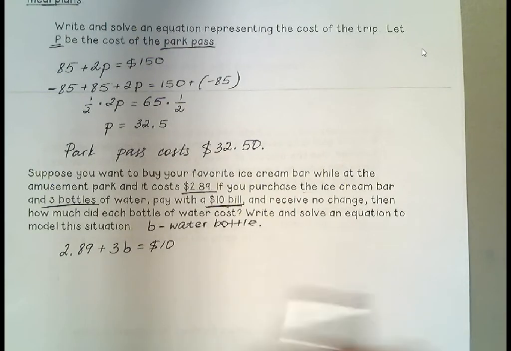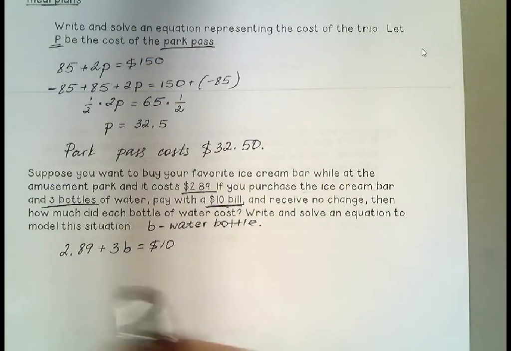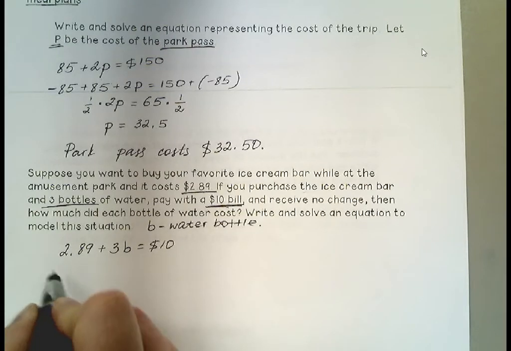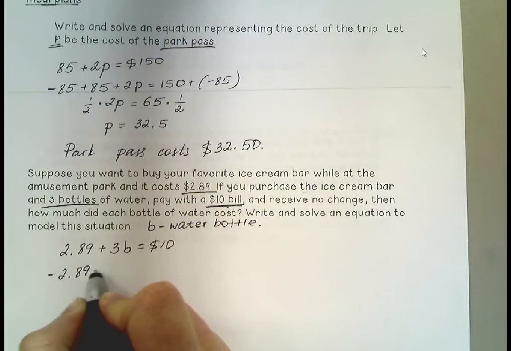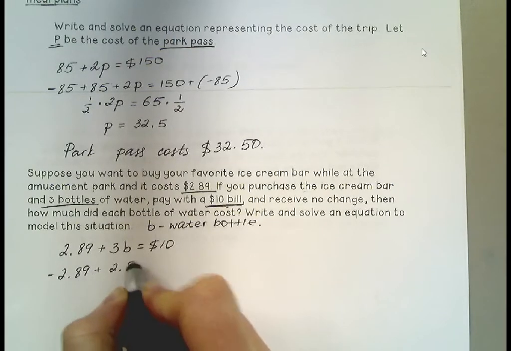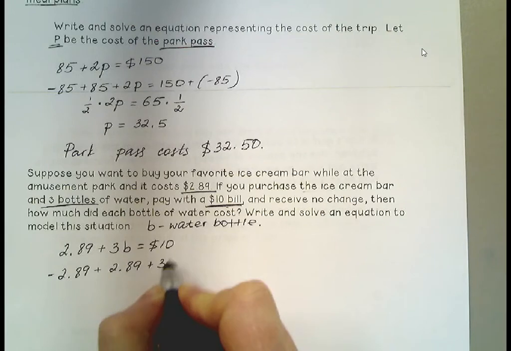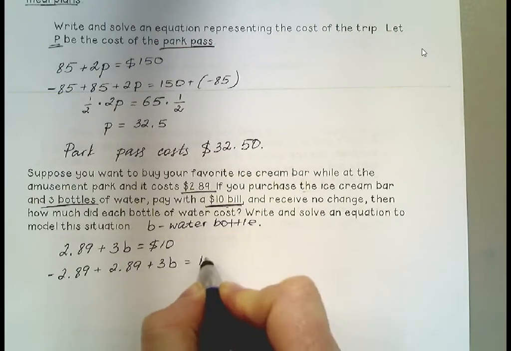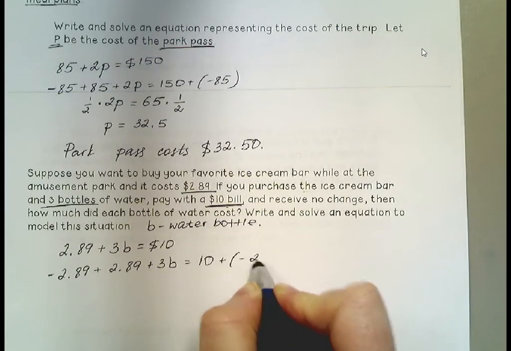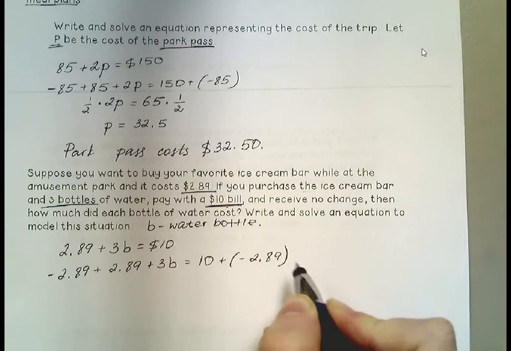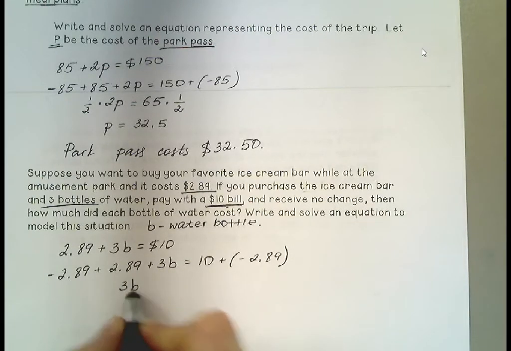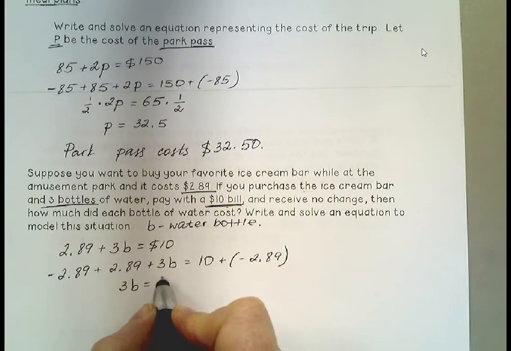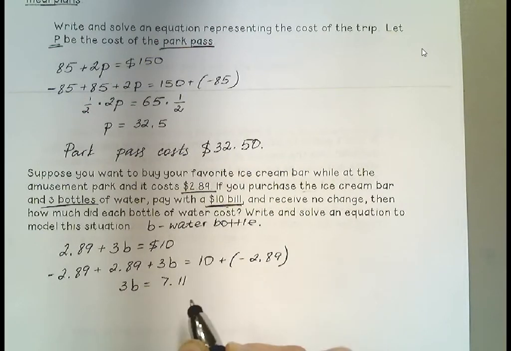Okay. So now my first step is to add the additive inverse, negative 2 and 89 hundredths plus 2 and 89 hundredths plus 3b will equal 10 plus negative 2 and 89 hundredths. So we will have 3b equals 7 and 11 hundredths.